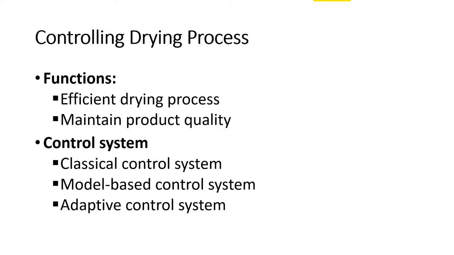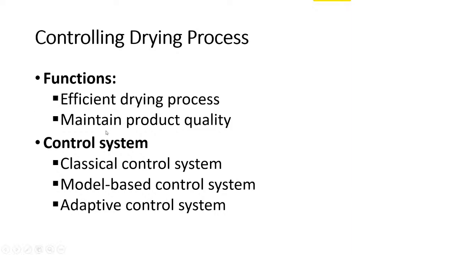Okay, now for controlling the drying process, first is the efficiency function. When we talk about efficiency here, there are two: efficiency in terms of energy and efficiency in terms of time. How can our control system help us in improving the efficiency in these two categories, time and energy?